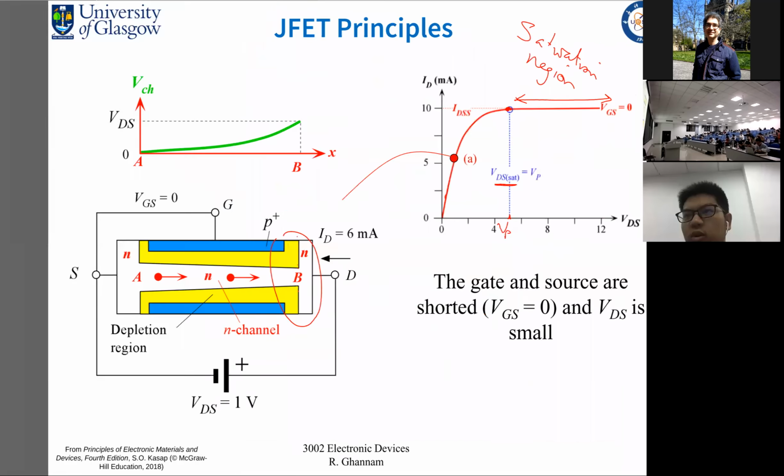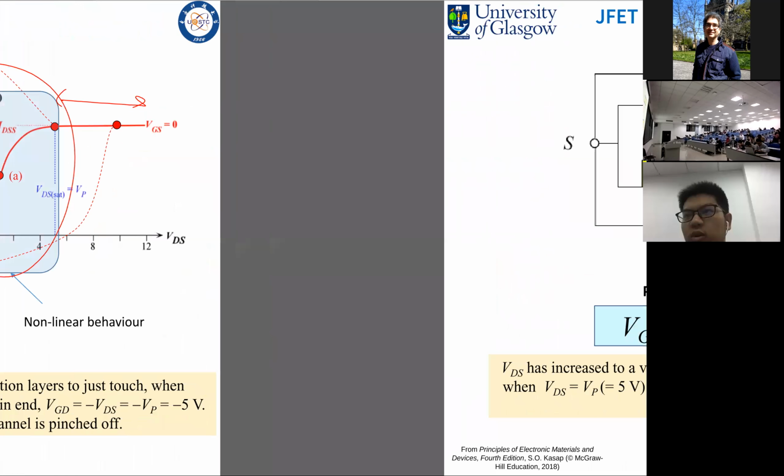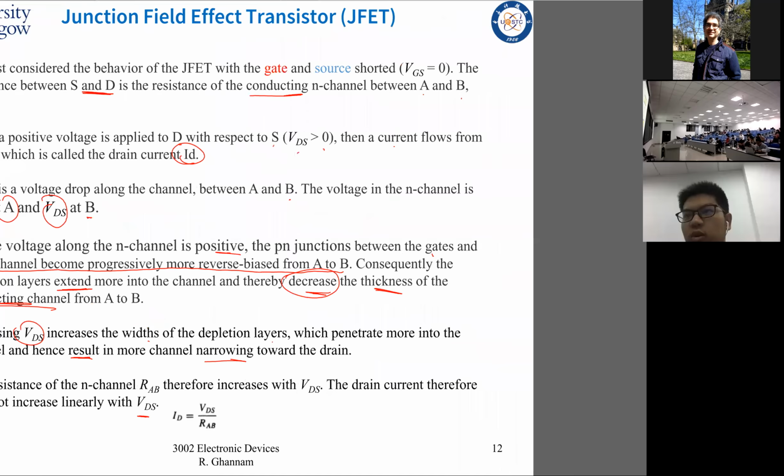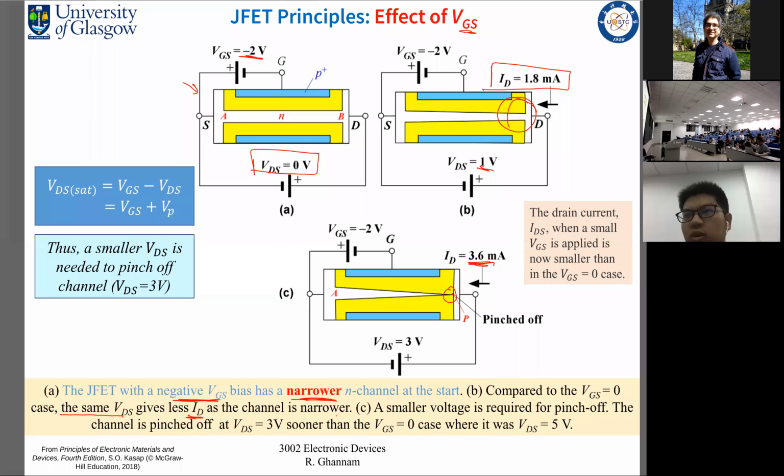So when VGS was 0 and VDS was 1 volt, ID was 6 milliamps. In this case, when VGS is minus 2 volts and VDS is 1 volt, notice what happened to the drain current. It has significantly dropped from 6 milliamps to 1.8 milliamps. Notice also what happens to the drain current when VDS is 3 volts.